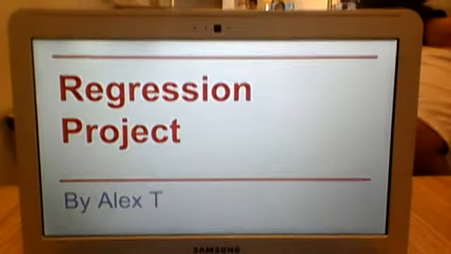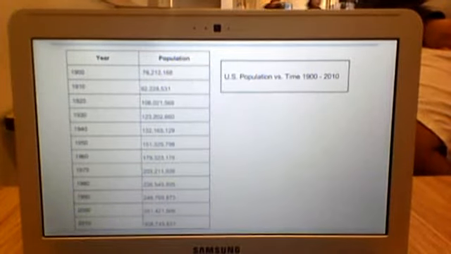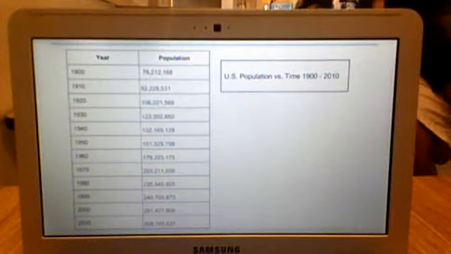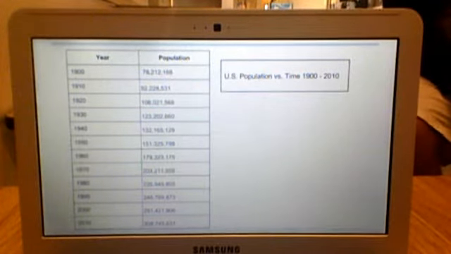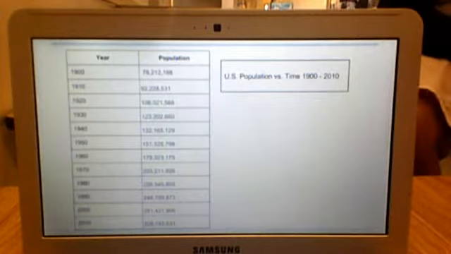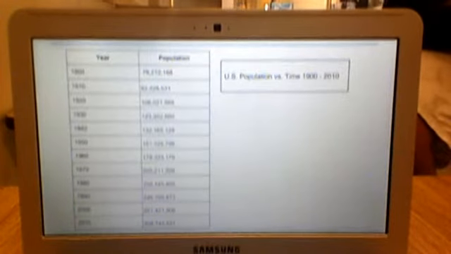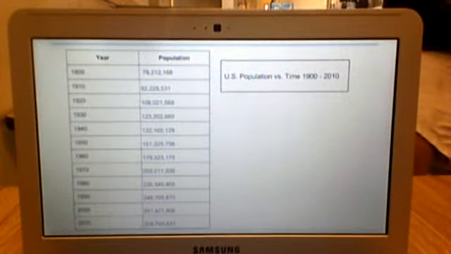Regression project presentation. On the left side of my chart is the year, which is also the x-axis, and on the right side is the population, which is the y-axis.